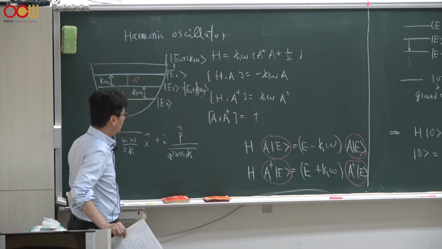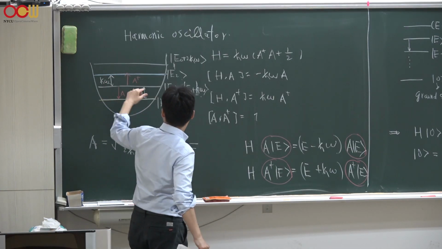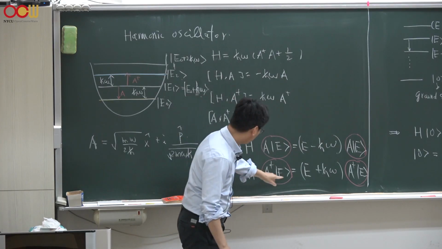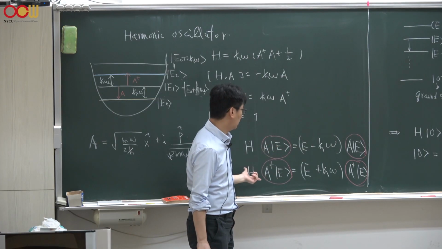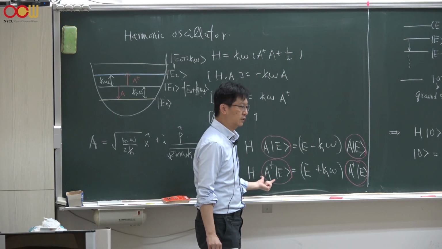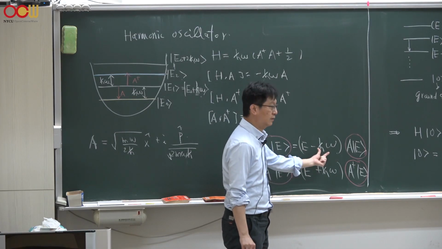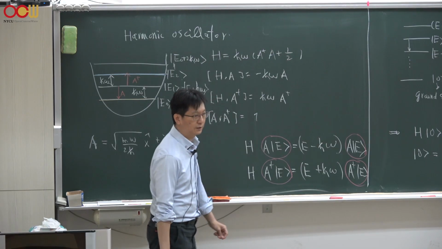Likewise, when we go up by one floor, we apply the A dagger operator onto any eigenstate E, and in the same way we can show that this state is also an eigenstate of the Hamiltonian H, but the eigenvalue, instead of E minus h bar omega, is E plus h bar omega.